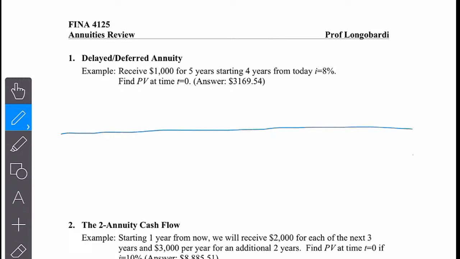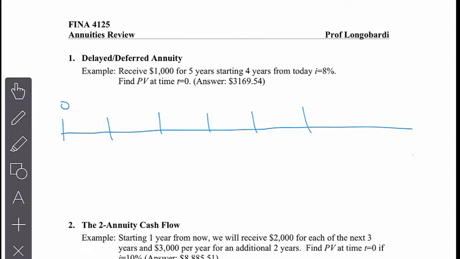You receive 1,000 for 5 years, starting 4 years from today. So if today is 0, let's make our own timeline for now. 4 years from today would be 1, 2, 3, 4.